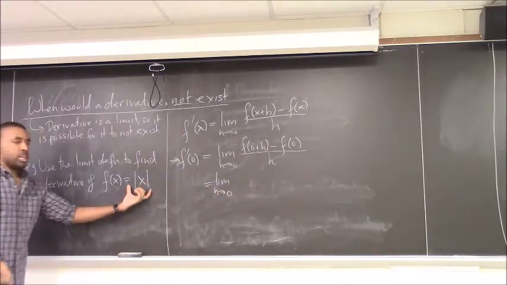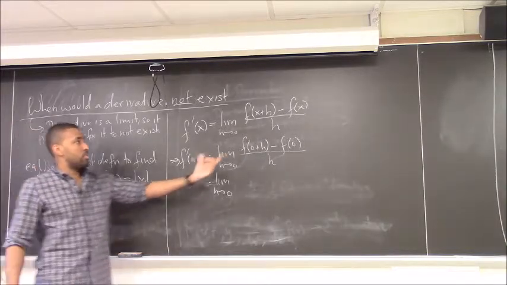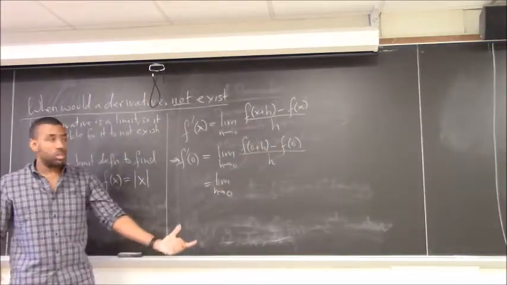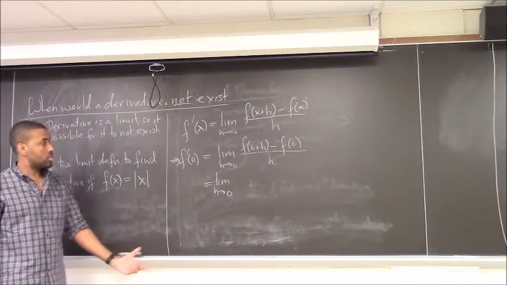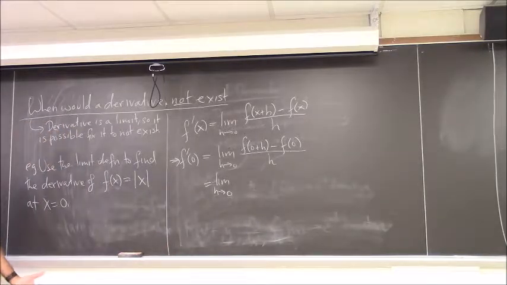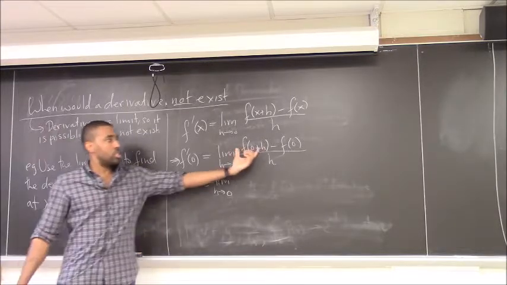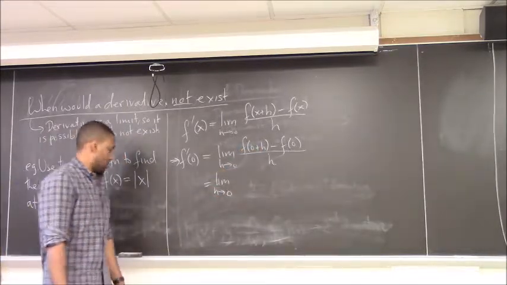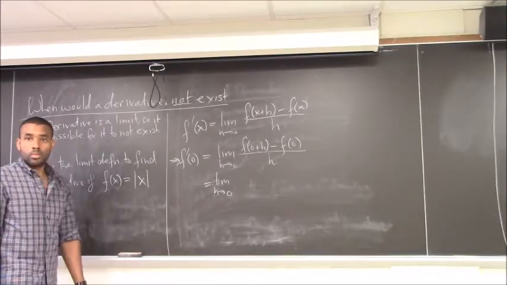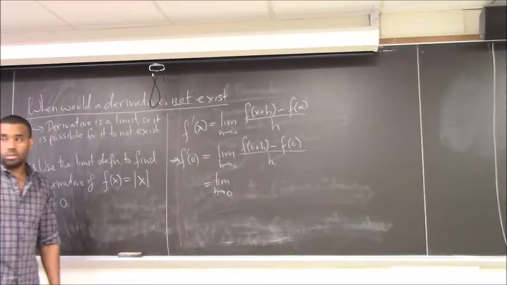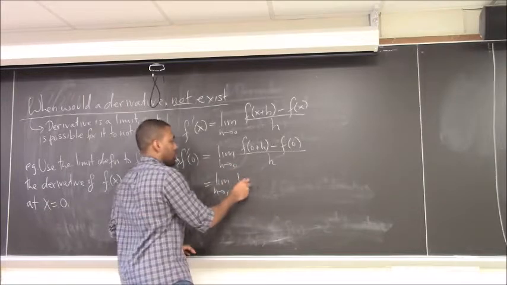If my f of x is the absolute value of x, what is my f of 0 plus h? It's the absolute value of 0 plus h.